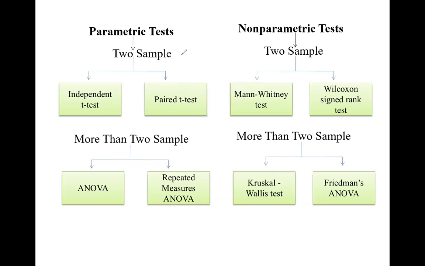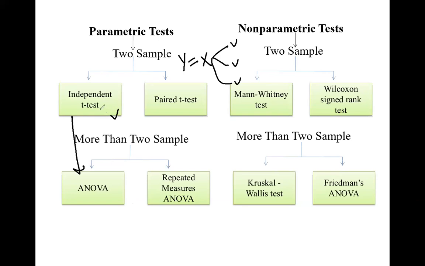Now the independent t-test, what is the limitation of the independent t-test? We can compare only two groups, two categories, two levels. But if we want to compare more than two groups, three groups, then we use analysis of variance. Analysis of variance is nothing but an extension of the independent t-test, because the limitation of the independent t-test is that we can compare only two groups: male, female, rural, urban, private, public.